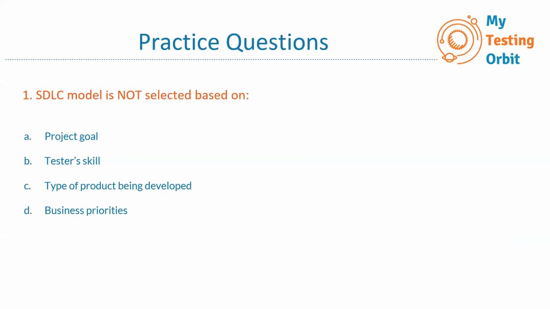So the first one is: an SDLC model is not selected based on one of these options. So go through the options and let me know what you think is the right one.